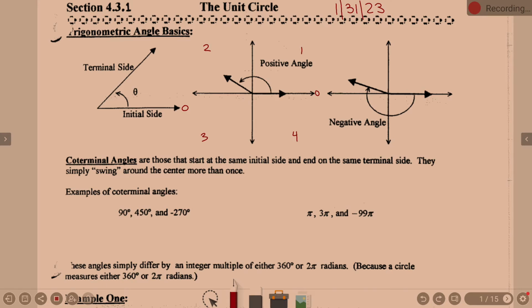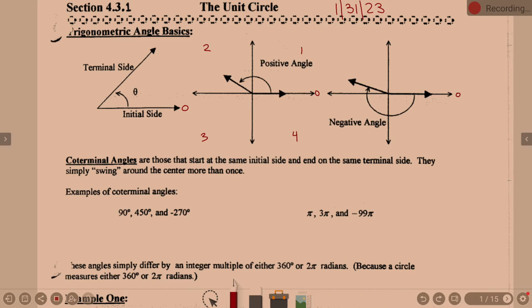Now, positive angles go increasing numbers, right? Go positively. Negative angles, they also start at 0. Everything starts at 0. But negative angles are going to go clockwise. So when you're given a negative angle, that means instead of going up and around, you're going to go down and around.